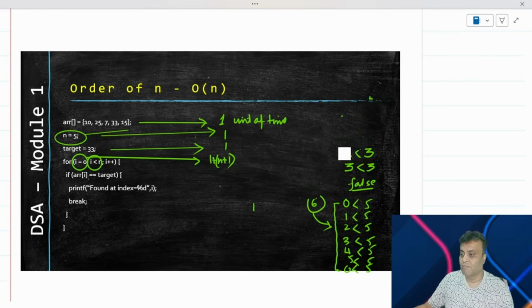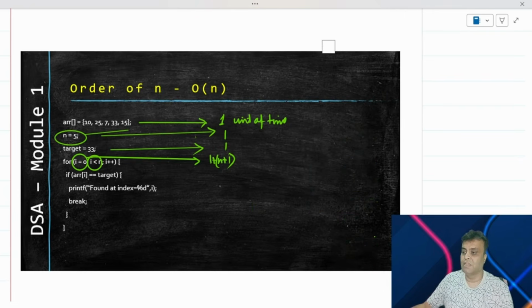Next, you have i++. That particular line i++ executes itself for n times, right? So when it is 0, after the 0 loop is actually done, it will become 1. With this 1 it will enter the next time in the loop, and this 1 will become 2.